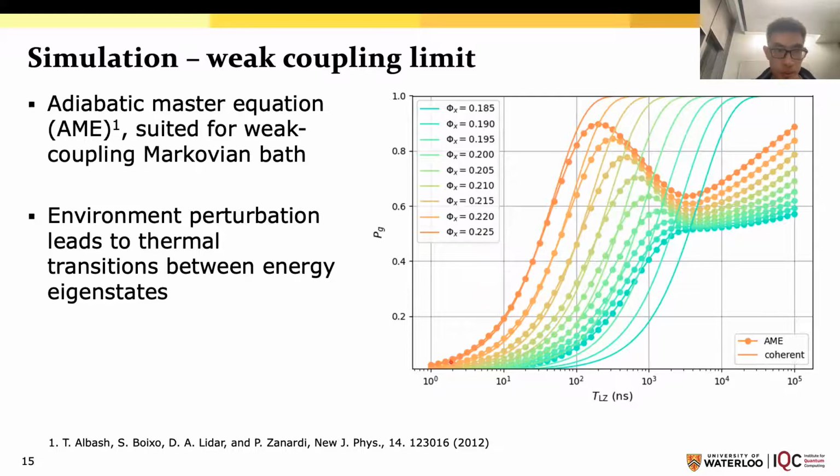And again, it confirms the non-monotonic dependence, which has been found previously, and which is due to competition between adiabaticity and thermal transitions near the minimum gap and towards the end of the minimum gap. And it agrees with our data in the large gap limit.